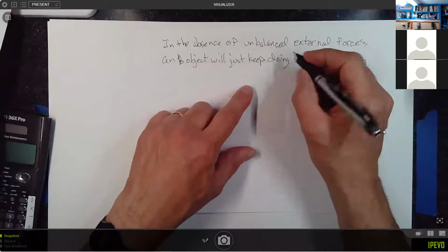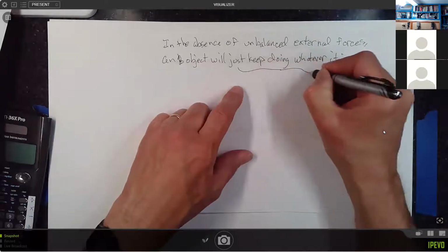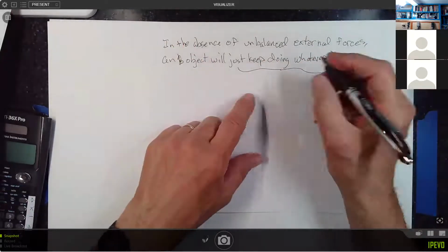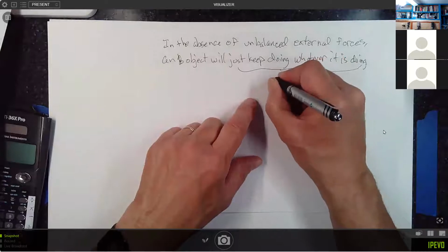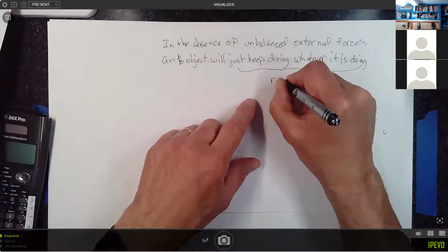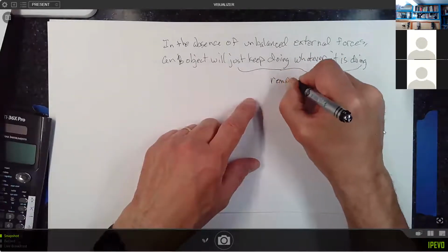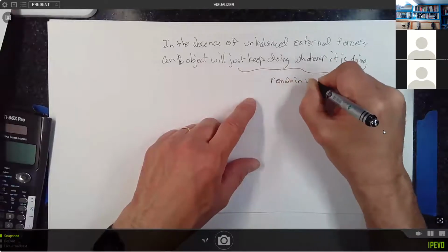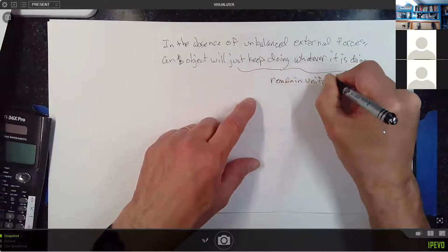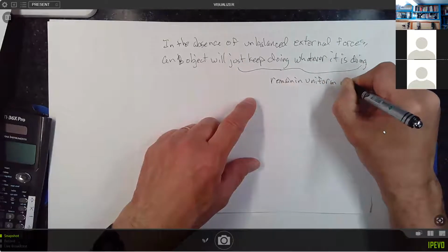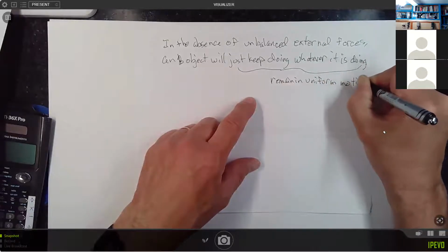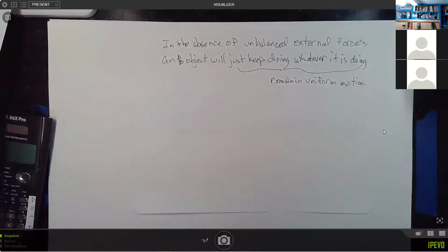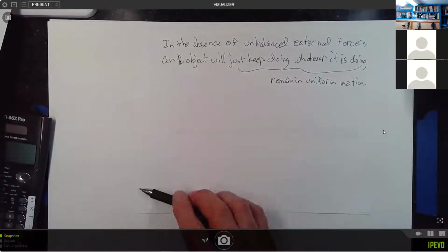This is a simple way of putting it. And when we say this, one of the examples of doing whatever it's doing is that it will remain in uniform motion. And so that's another way of saying Newton's first law of motion.